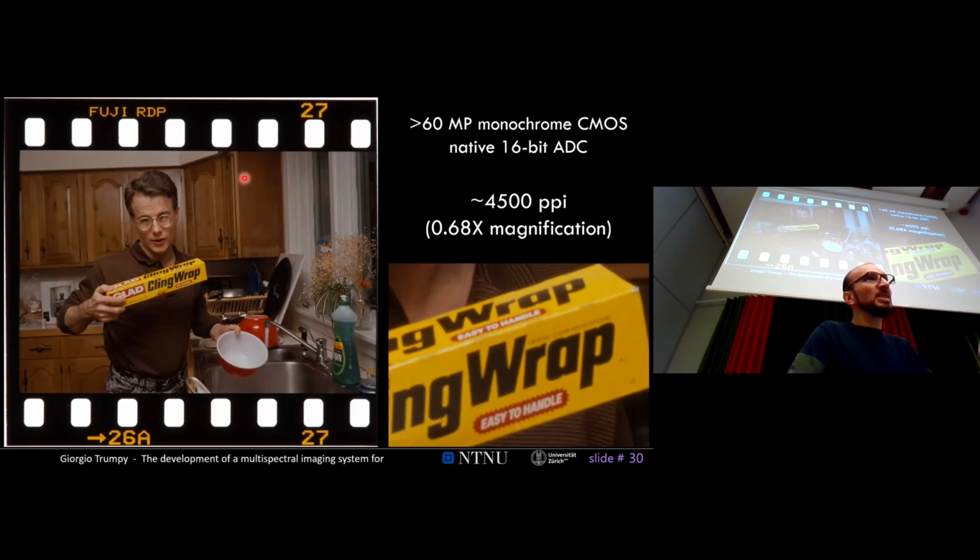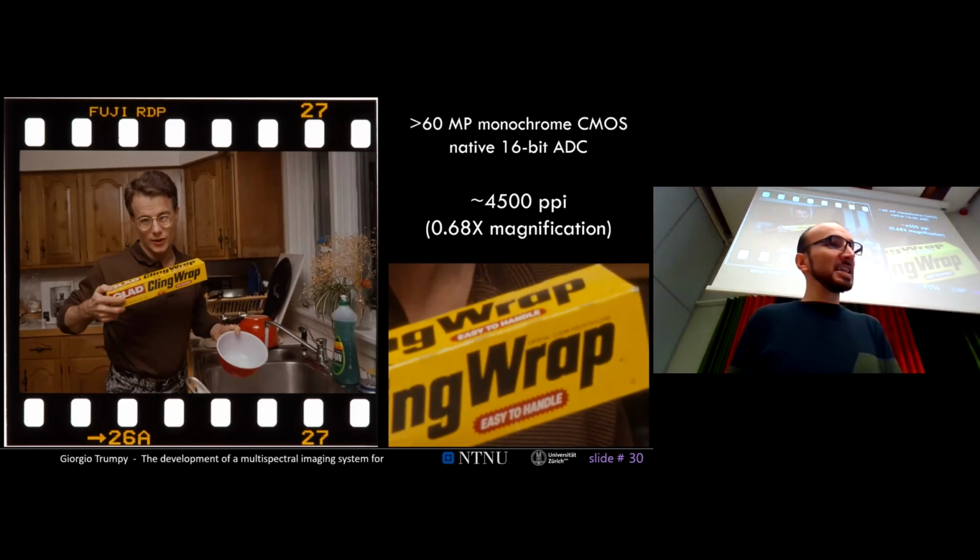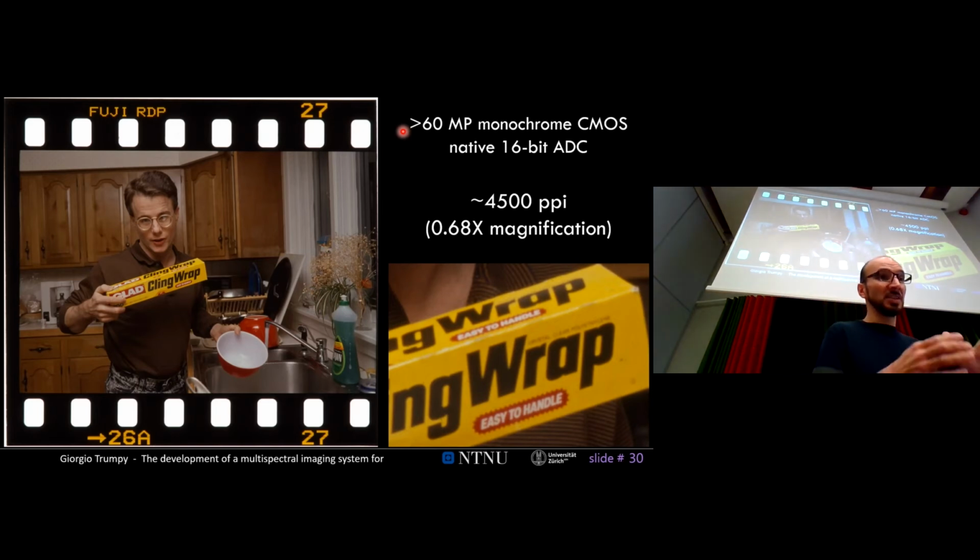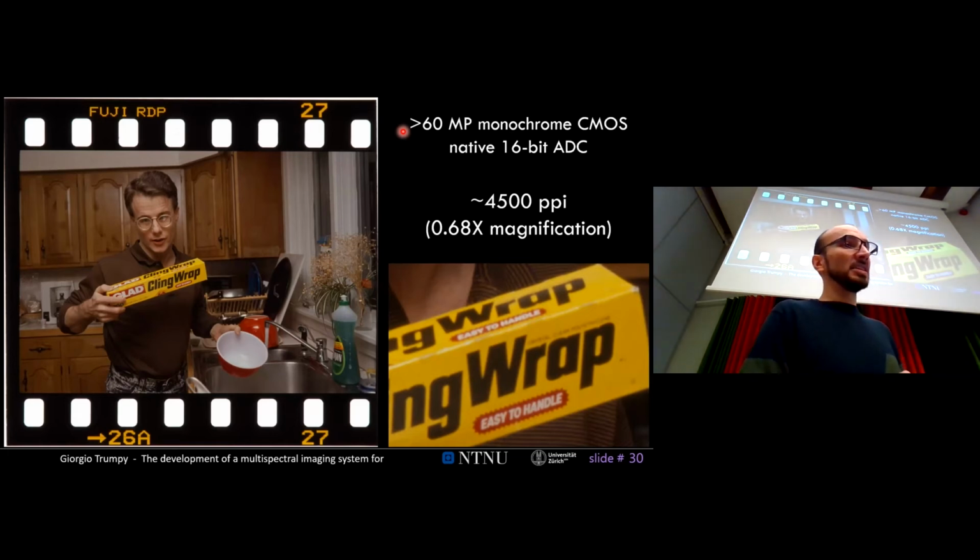Spatial resolution is very high because we had a 60 megapixel monochrome CMOS, also with quite good depth, because the analog digital converter is already at 16 bits because of very low readout noise, so very high dynamic range.